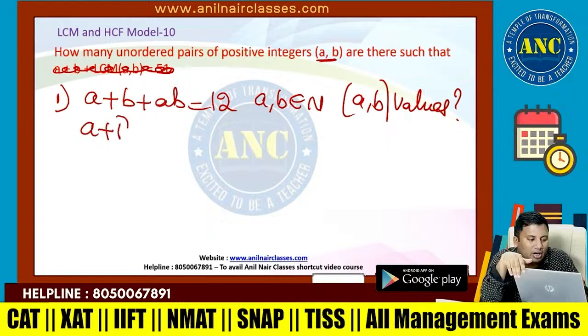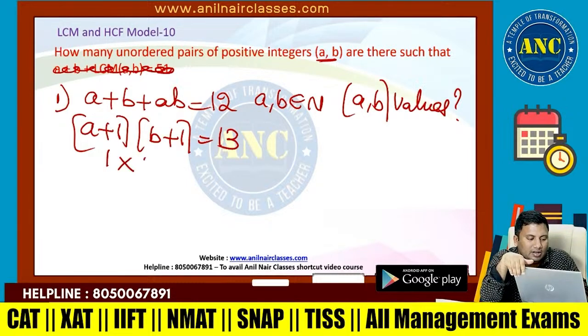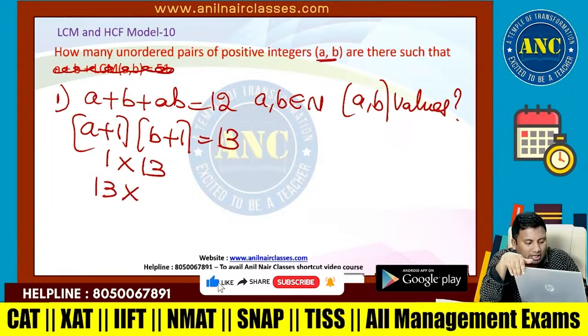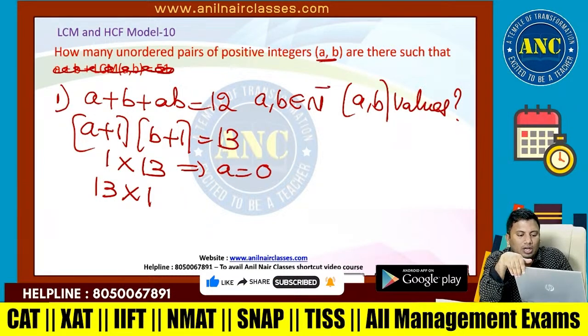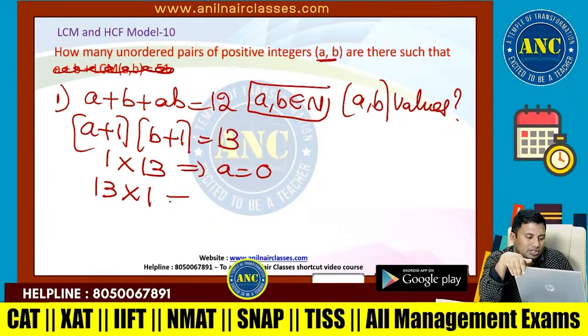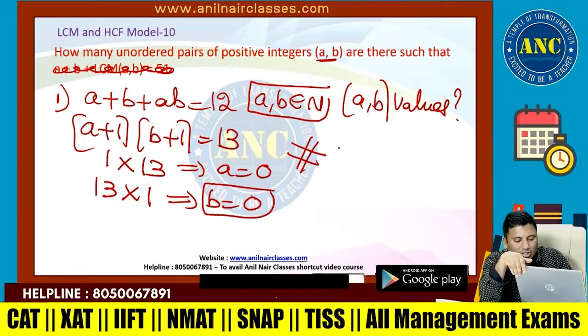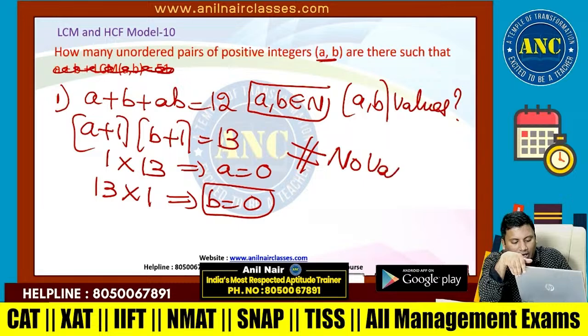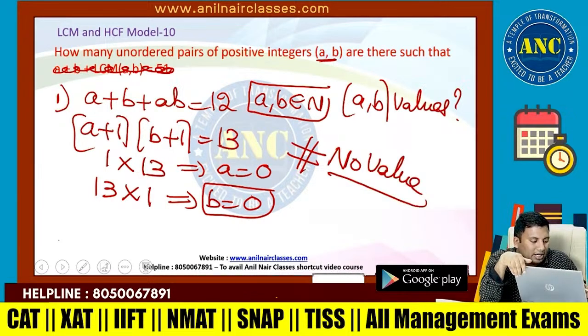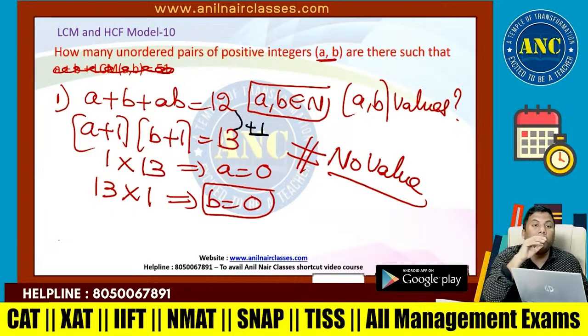If I add 1 on both sides, a plus 1 into b plus 1 is 13. 13 is 1 into 13 and 13 into 1. The first case will give you a value 0. a and b are natural numbers. The second case will give you b value 0. So the answer is no value for a, b. Directly you can say it is no value if, on adding 1, I am getting a prime number.